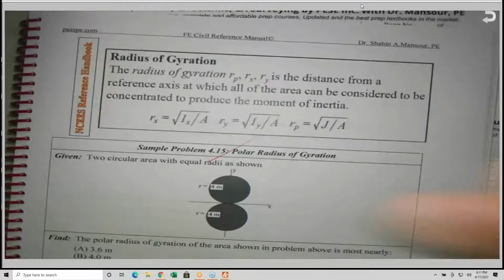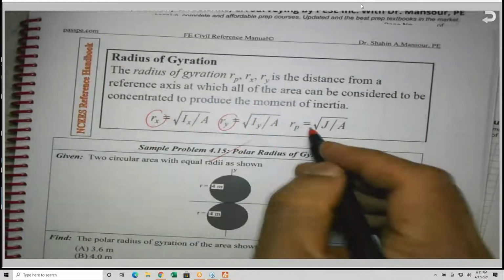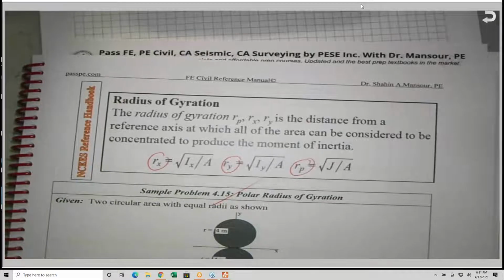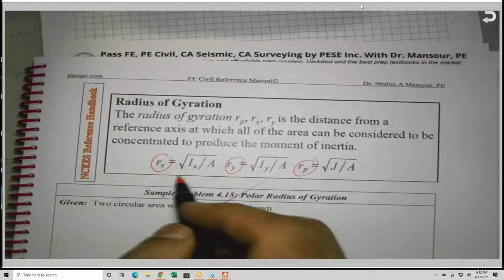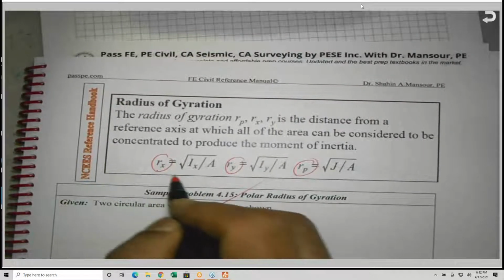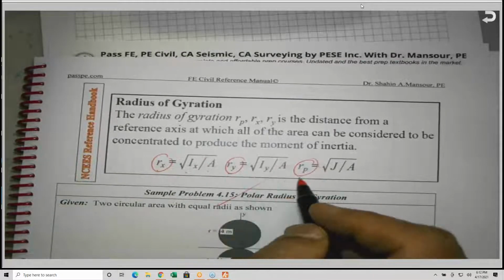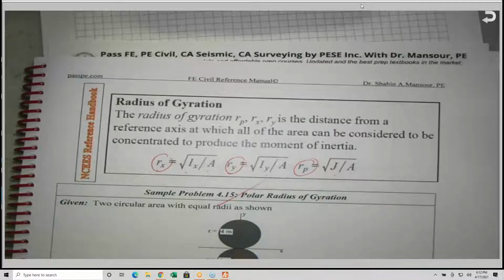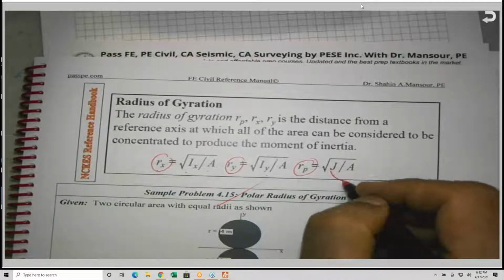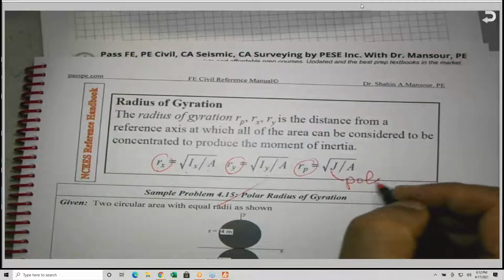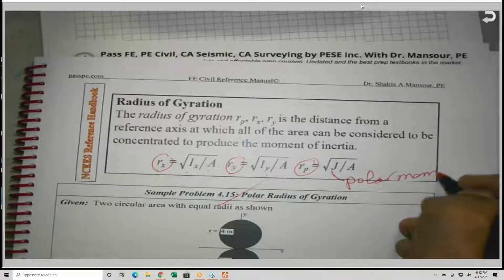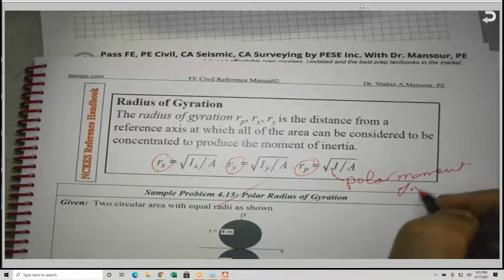Okay, radius of gyration is a property. We have Rx and Ry, and Rp, which is the polar radius of gyration, and these are given like this. Rx is equal to the square root of Ix over A, Ry is equal to the square root of Iy over A, and Rp is the square root of J over A. Do you remember J? J is the polar moment of inertia.